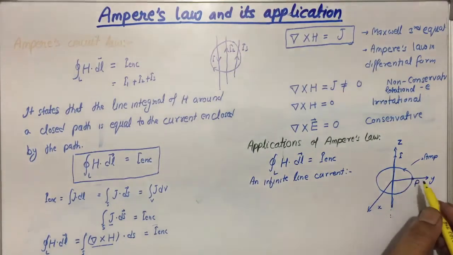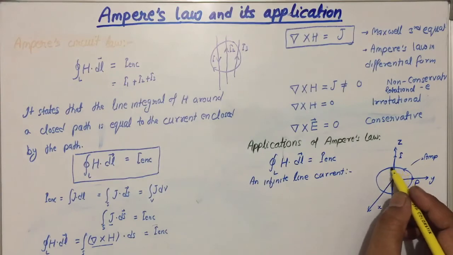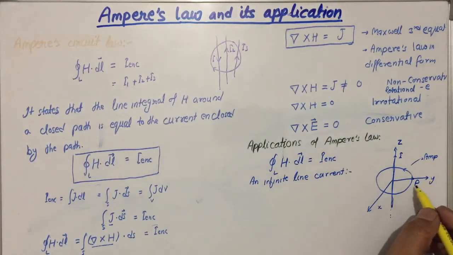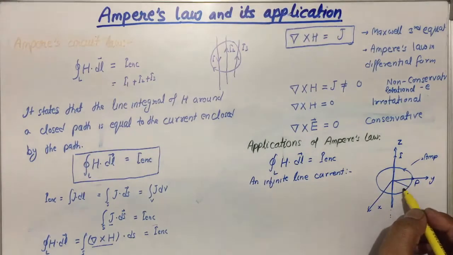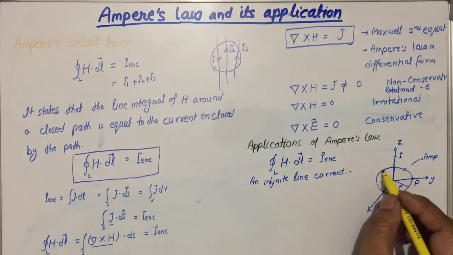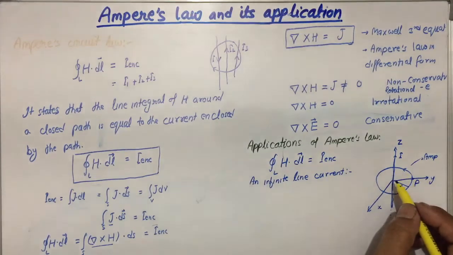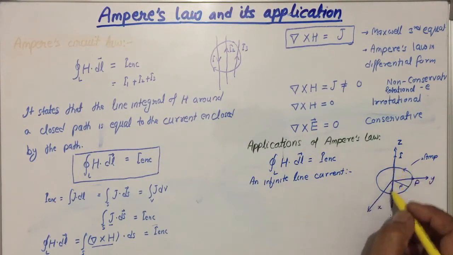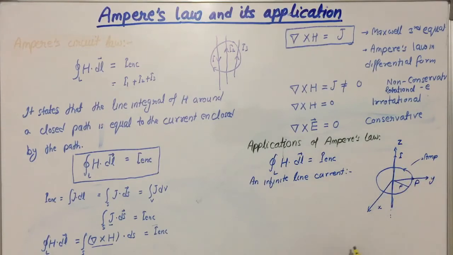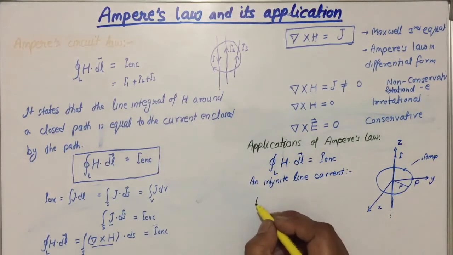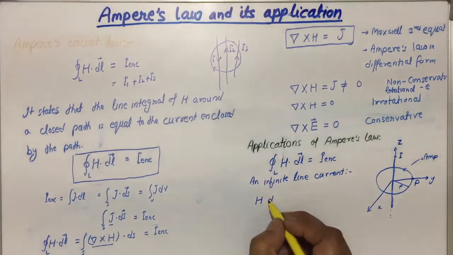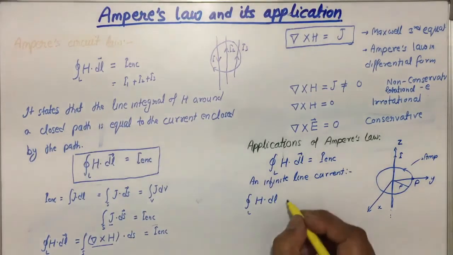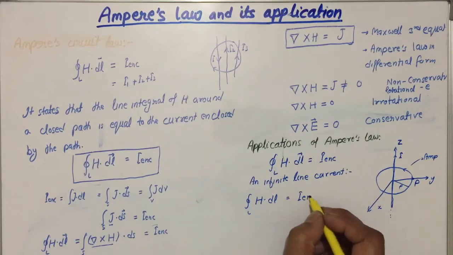and H is constant provided rho is constant. We will choose the path like that, and since this path encloses the whole current, according to Ampere's law as we have studied, the closed line integral of H dot dl will be equal to I enclosed.